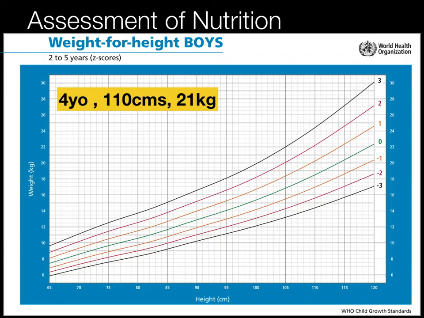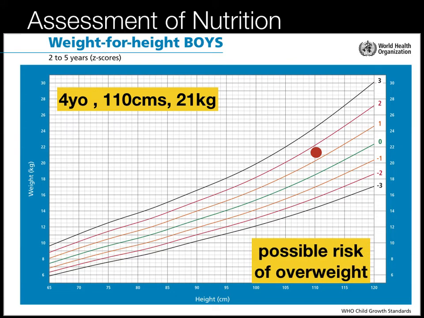Another example, when you are presented with a 4-year-old boy who has a height of 110 centimeters, weighing 21 kilograms, the mark is between 1 and 2. This should be read as above 1 and not below 2, interpreted as possible risk of overweight.